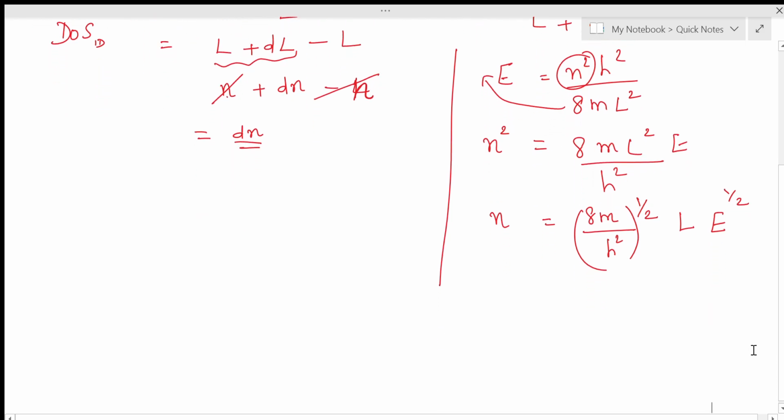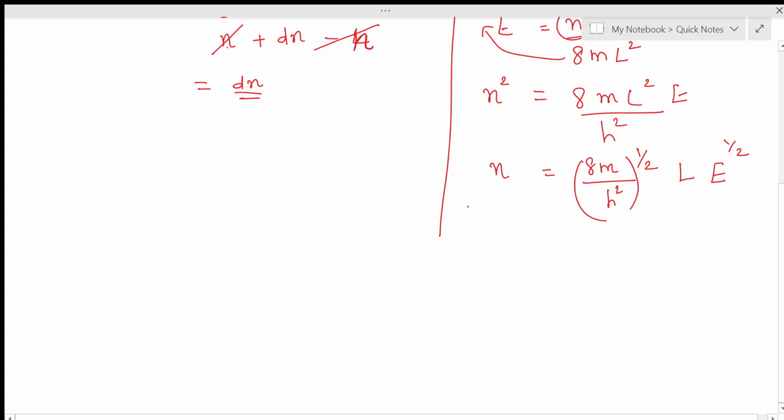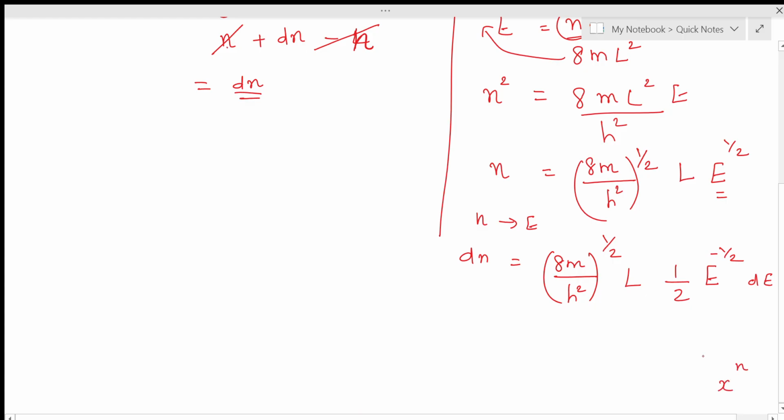Therefore, we are going to differentiate n with respect to E. Therefore, dn is equal to 8m by h square, the whole power half, which is a constant. L is a constant, not a variable, but energy is differentiated as half E power minus half dE. That is, x power n on differentiating gives n into x power n minus 1.